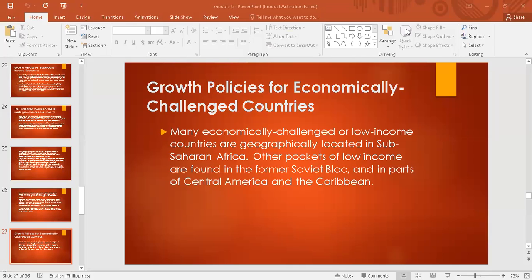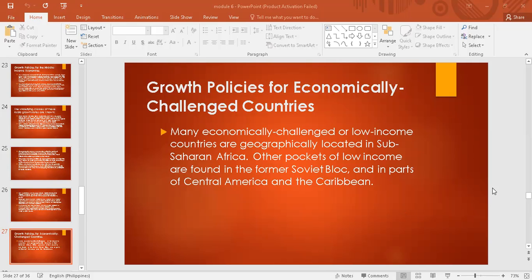Yan, what are the growth policies observed in the regions in Sub-Saharan Africa, SSA? Okay? Usually, the characteristics of these low-income countries are found in the former Soviet bloc, those formerly in the Soviet Union, Uzbekistan, Tajikistan, Kyrgyzstan, most of those countries from the Soviet Union, and those in Central America and the Caribbean, and of course the SSA region.